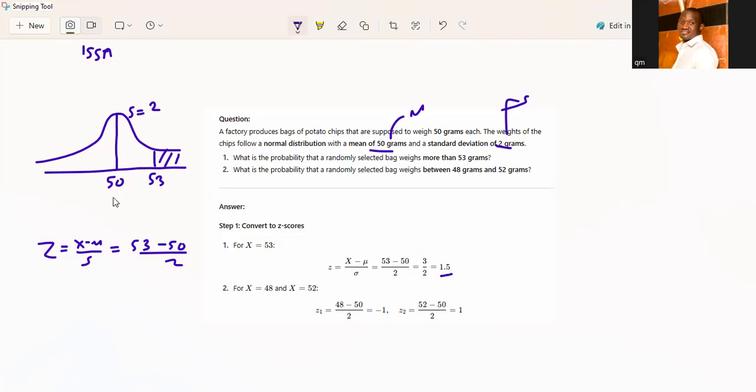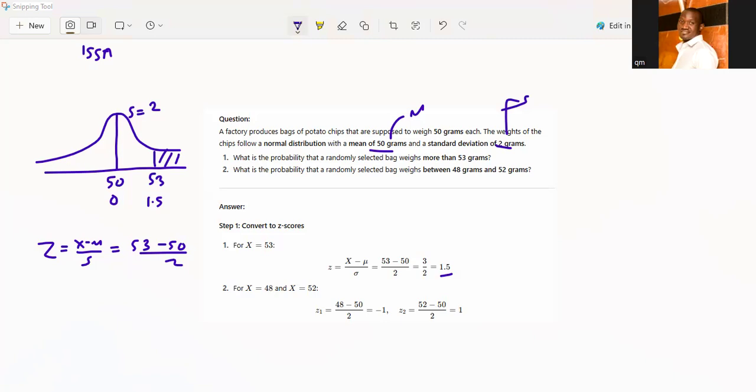So this 0 is equivalent to 0 and this is equivalent to 1.5. So you read this from the table. What is the reading for 1.5? Go to the positive side of the table, under 1.5.